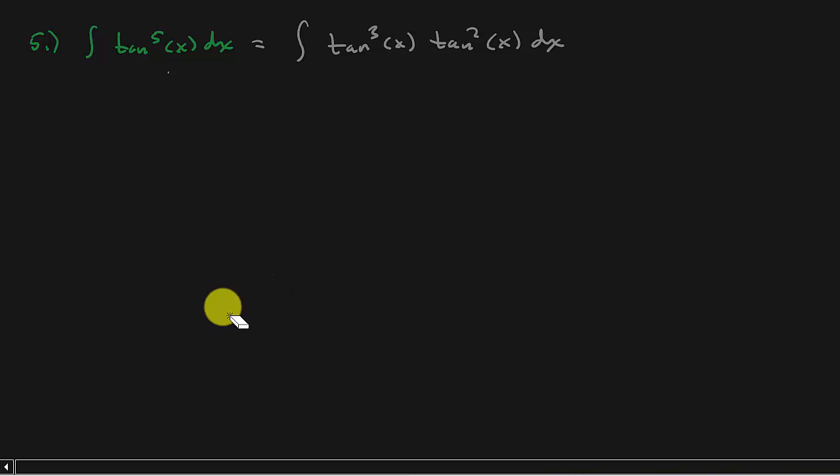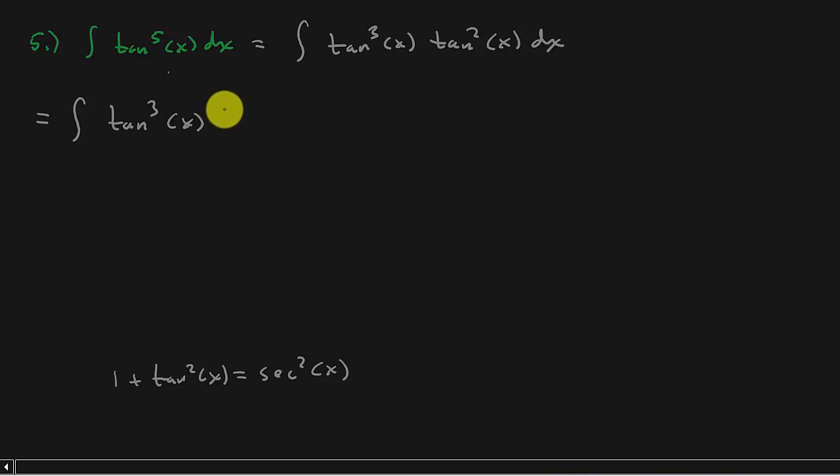Let me write that back down. 1 plus tangent squared equals secant squared. So this tells me that would be tangent cubed times secant squared x minus 1 dx, because if we move the 1 over, we get tangent squared is secant squared minus 1.